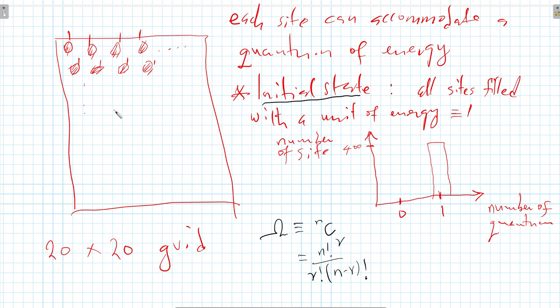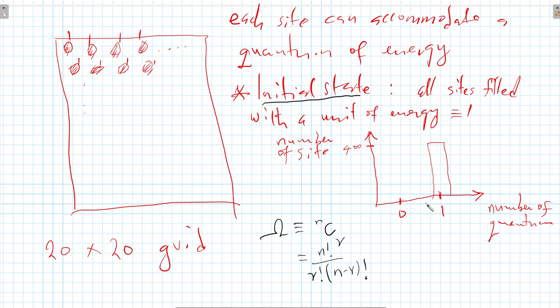The setting is such that on each site we can have either 0 quantum or 1 quantum. So for the initial state, the histogram is going to be something like that. No site has 0 quantum, but all the sites, 400 of them, have 1 quantum on it.